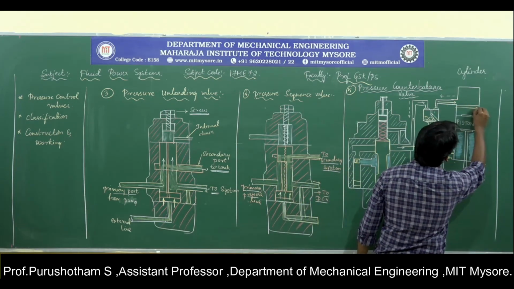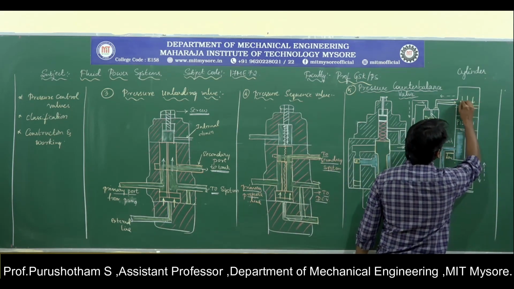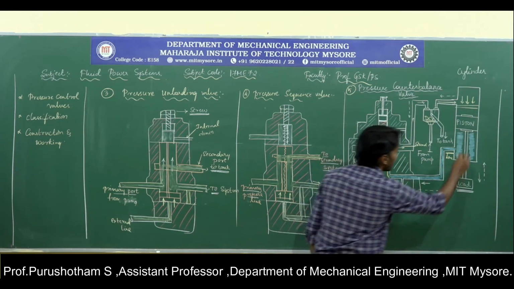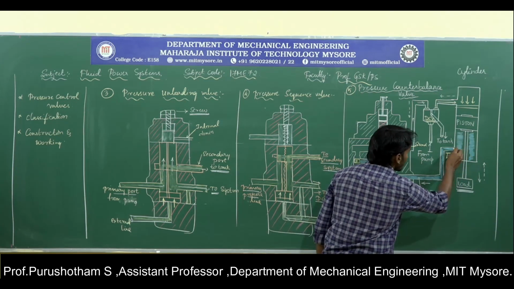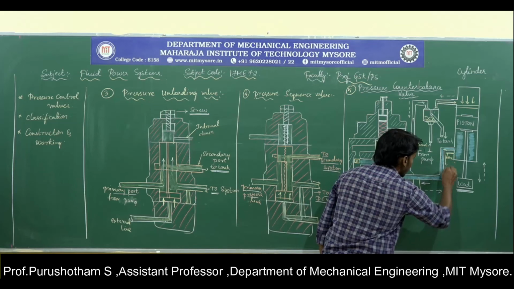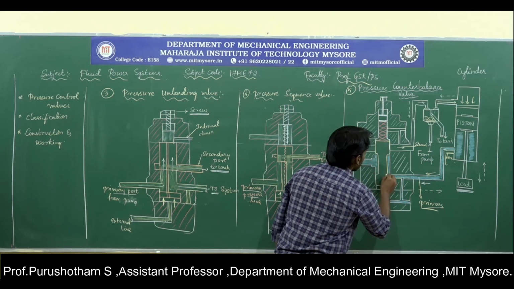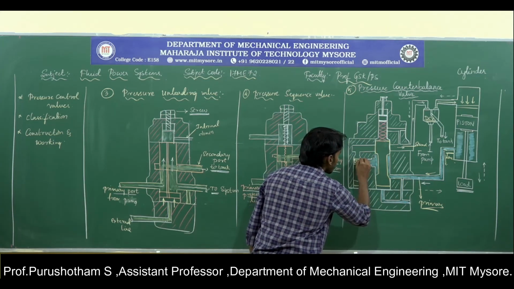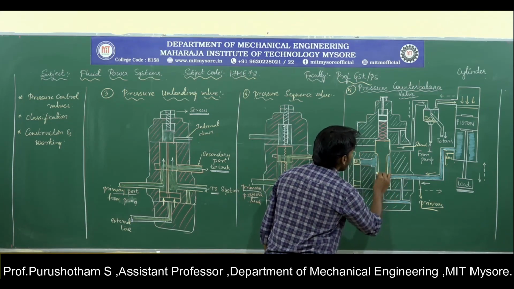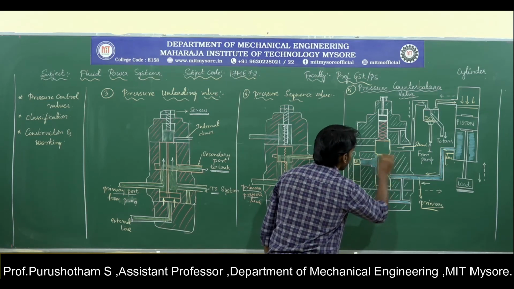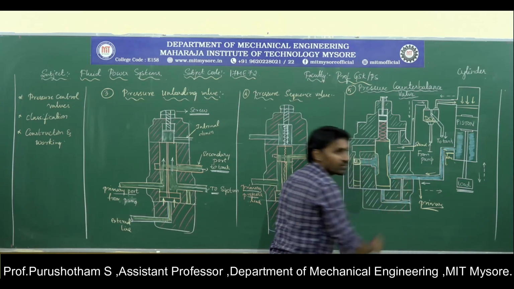Now the fluid pushes the piston downwards. The fluid present in the piston rod end side travels through this primary port and comes here. Here the check valve is used, which is closed. There is no space for the fluid to go out, so back pressure will be created.